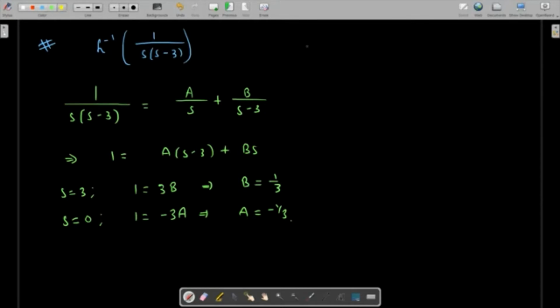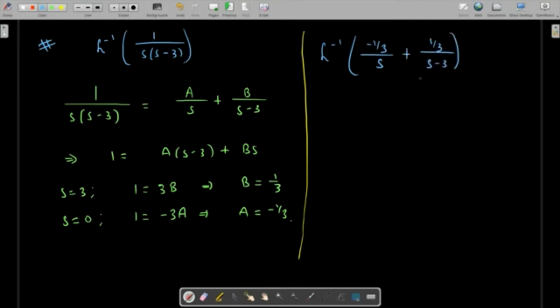So we have the values of A and B, and now they can be written over here. Then we can easily find the inverse Laplace, because it becomes the inverse Laplace of A over S, where A is negative 1 over 3, plus B over S minus 3, where B is 1 over 3.